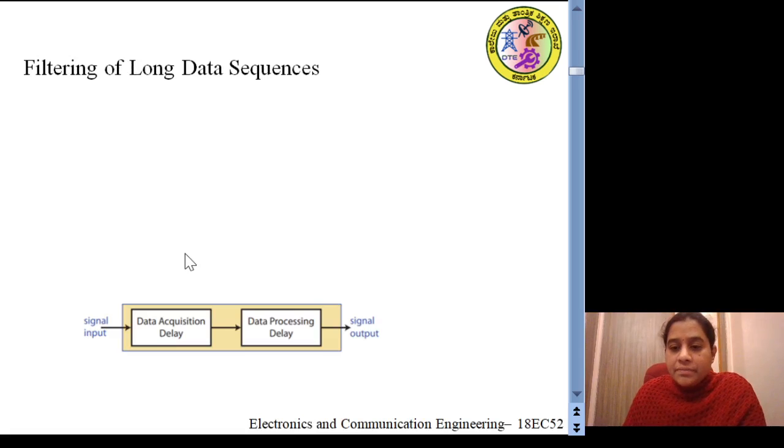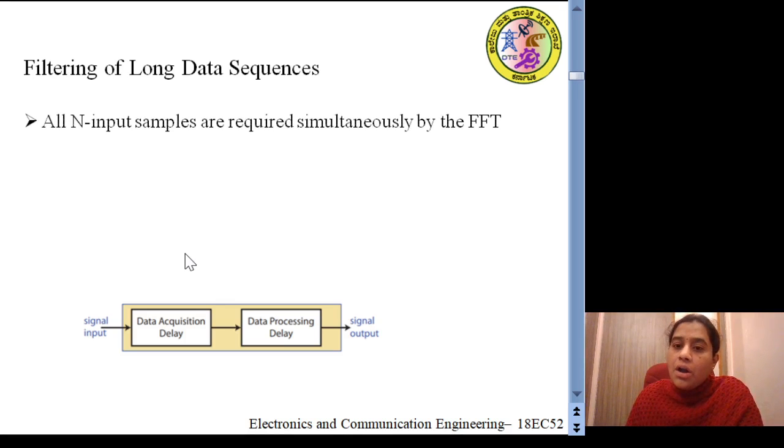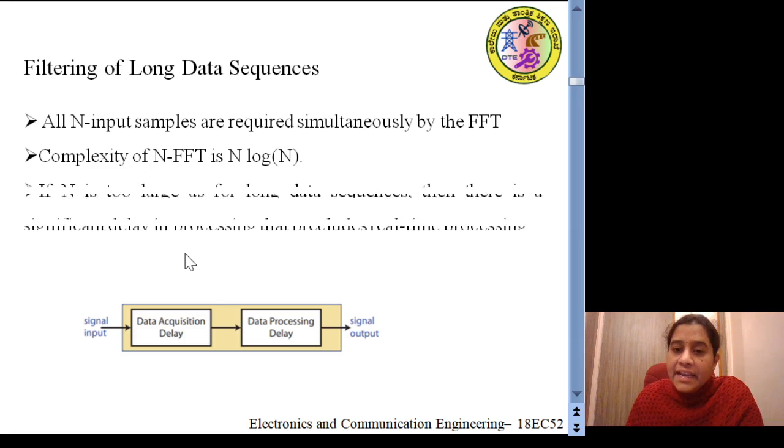What happens in real time is that data acquisition delay as well as data processing delay occurs. So from input to output it takes more delay, which is not required for us. All n inputs should be available for making use of FFT to find the DFT, and the complexity of the N-point DFT is n log n, which is more, so data processing gets delayed.